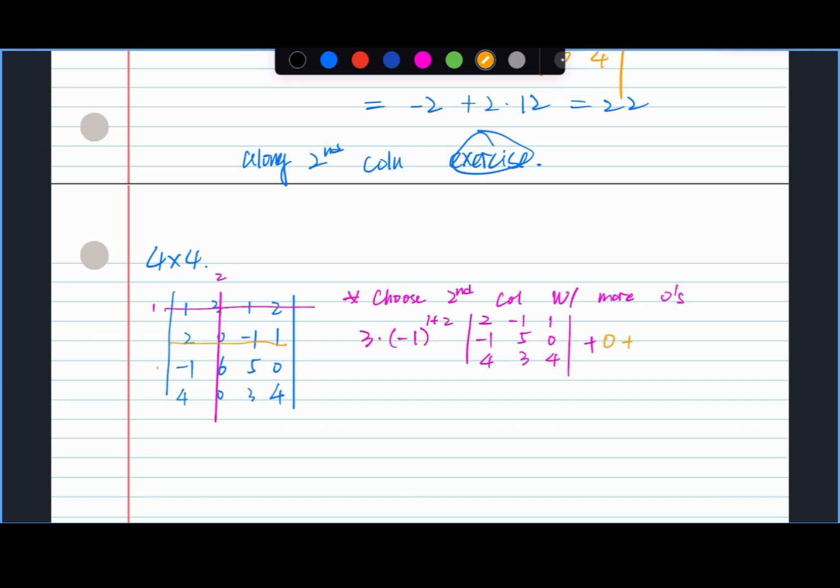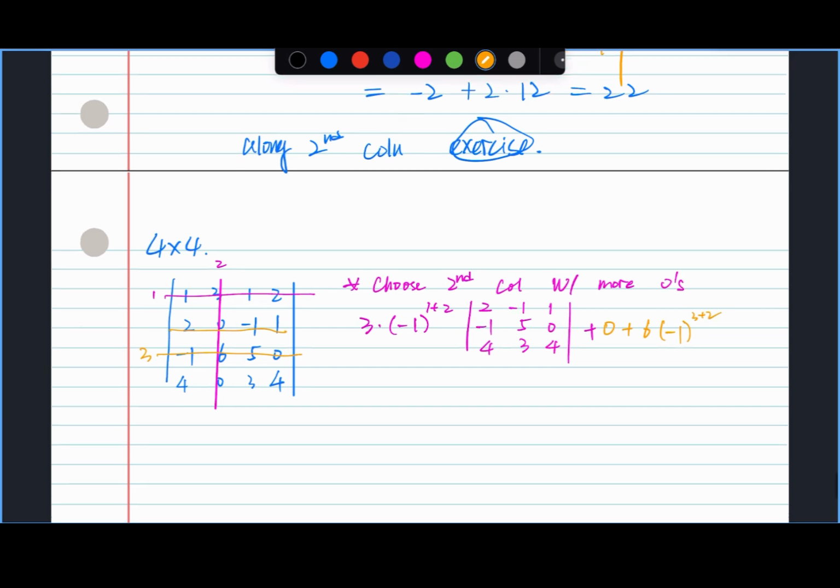And then the third row, we have 6 multiplied by -1 raised to 3, 2, so 2 plus 2. And then we're left with 1, 1, 2, 2, -1, 1, 4, 3, 4.